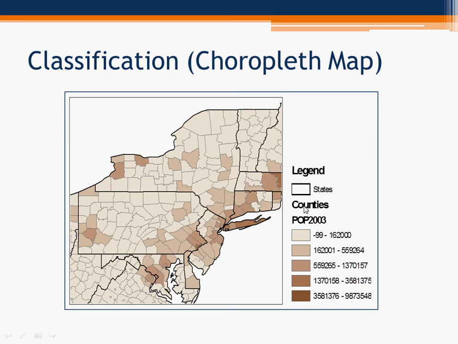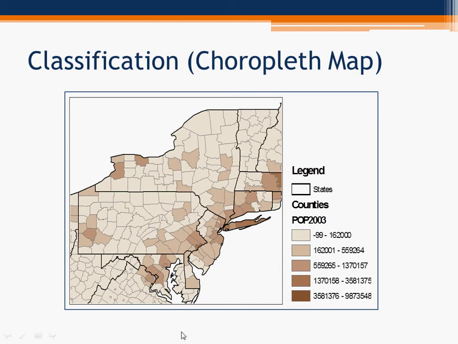In this case, the county layer is shown according to a field in the database, whether it's a feature class in a geodatabase or a shapefile, on the POP 2003 field. That means that is the population in 2003. Of course, that same shapefile could have several other fields that we would symbolize the data on.